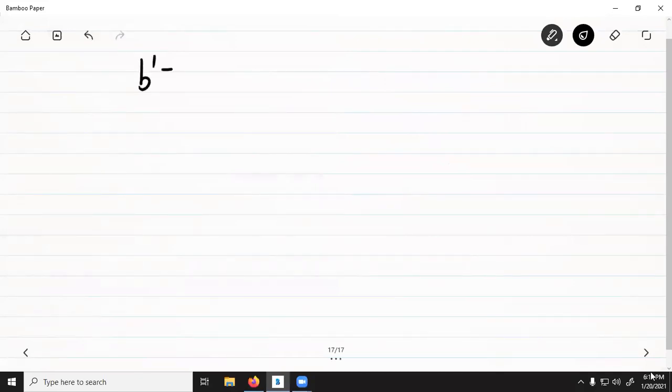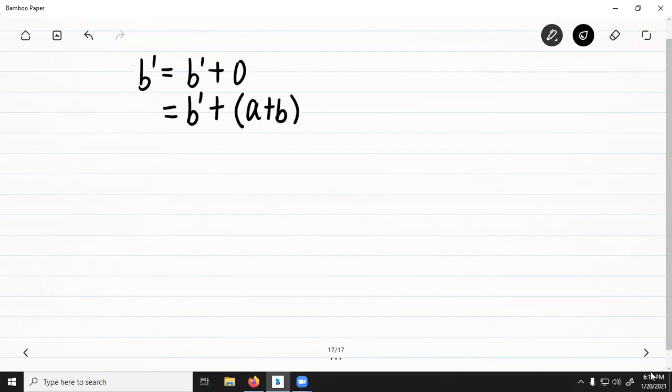B prime is equal to B prime plus 0, right? 0 is the additive identity we already have. So any number plus 0 should be that number. And 0, we know B is the additive inverse of A. So 0 is equal to A plus B.